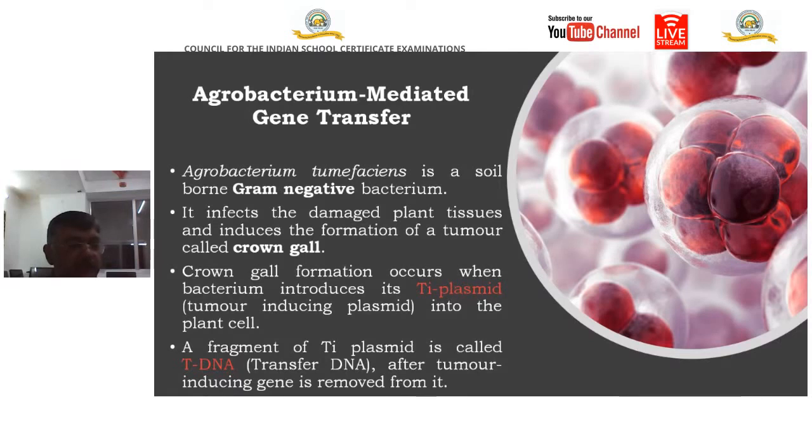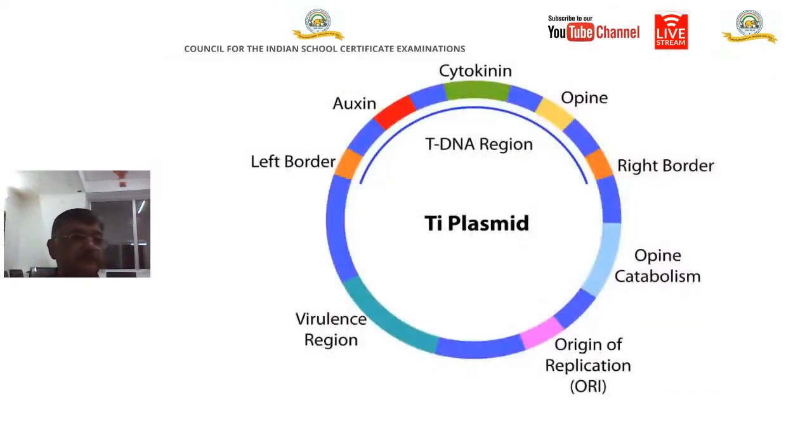After the tumor inducing region is removed, it is called T-DNA. This is the diagram of it. Origin of replication. The T-DNA, this is where we insert. There are lots of enzymes and hormone producing regions. This is the virulence region that causes the crown gall disease.